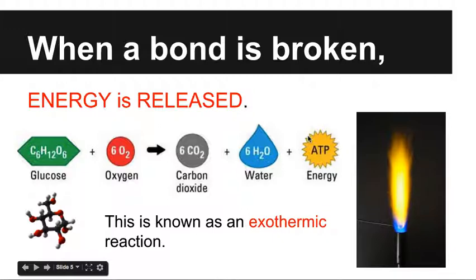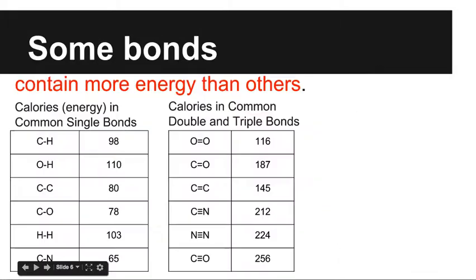In our bodies, we use an energy form called ATP, but the release of the bonds in glucose releases energy. As you might remember from chemistry or middle school, a reaction that releases energy is an exothermic reaction, meaning an exit of energy.